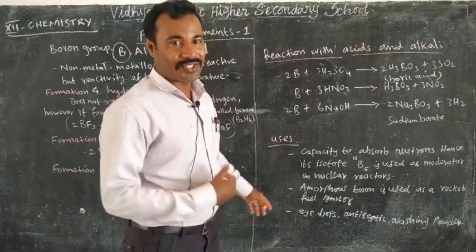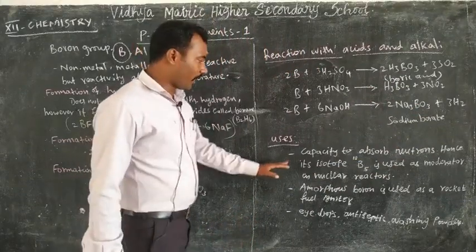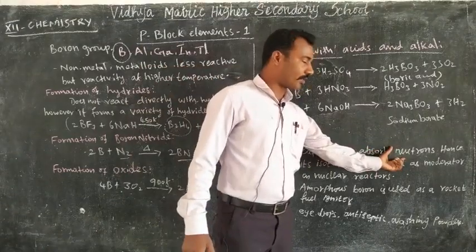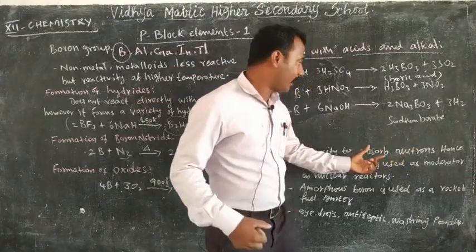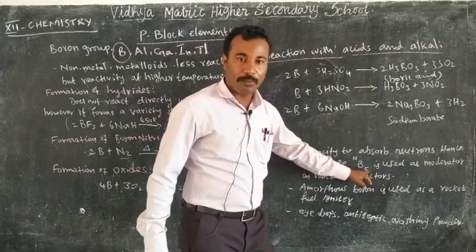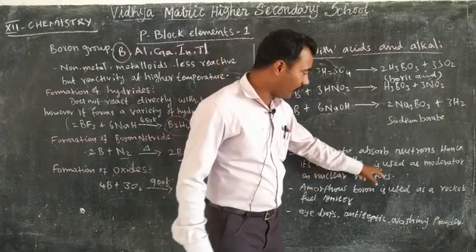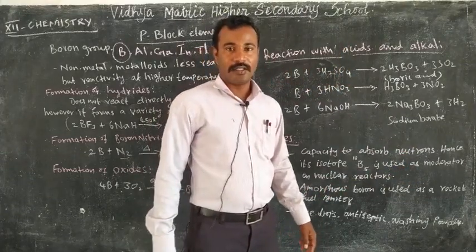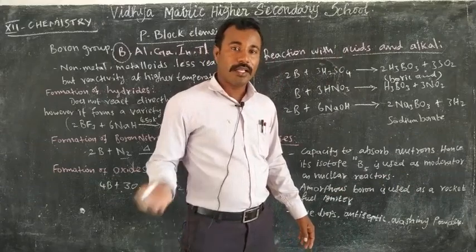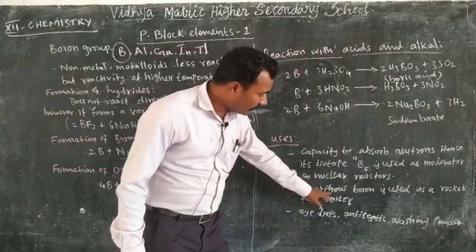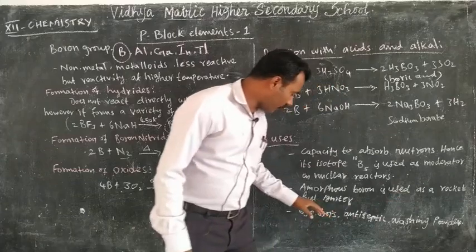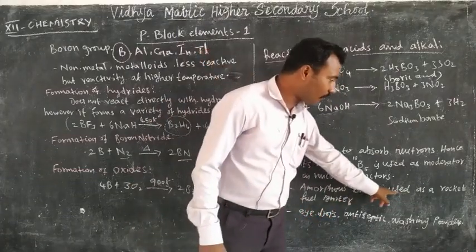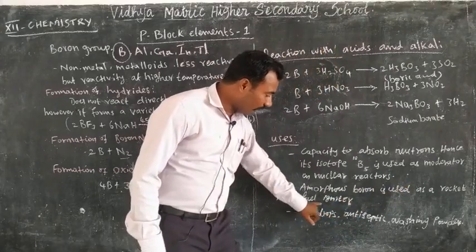Next, uses of boron. Boron has the capacity to absorb neutrons. Hence its isotope, boron-10, is used as a moderator in nuclear reactors. Amorphous boron is used as a rocket fuel igniter.